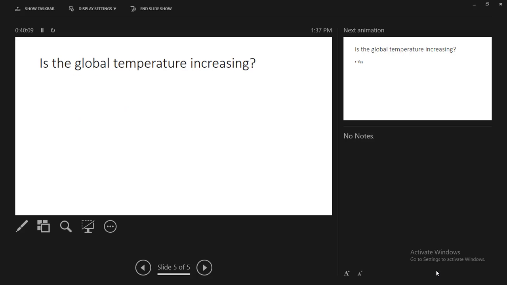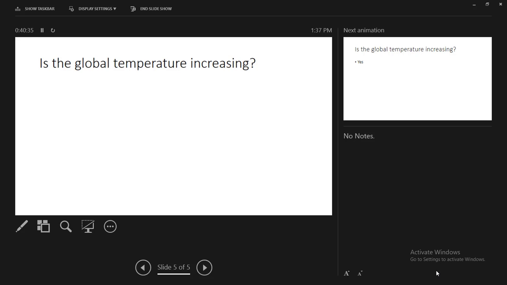The last question we need to deal with is one that directly relates to the production of greenhouse gases. Is the global temperature increasing? This is something that's going to naturally come up when you talk about greenhouse gas production.